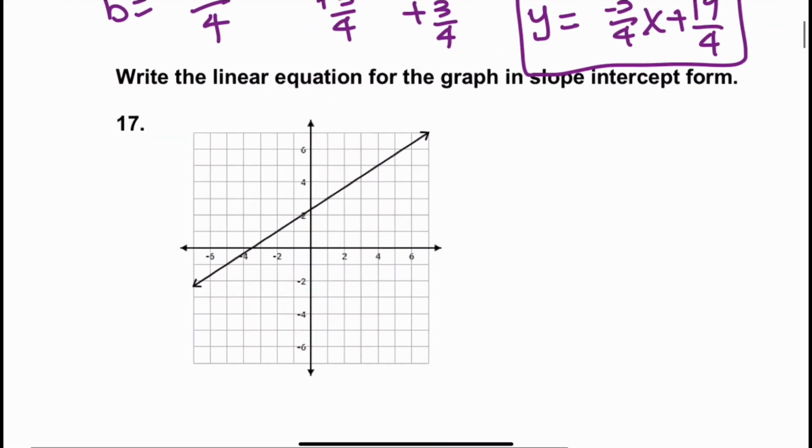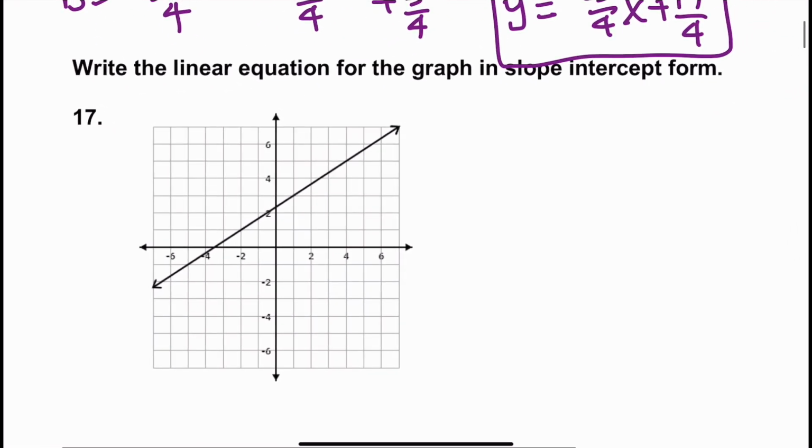Now, on number 17, we have a line. We're going to write the linear equation for the graph in slope-intercept form. First thing you want to do is find 2 points where the line intersects at a whole point.